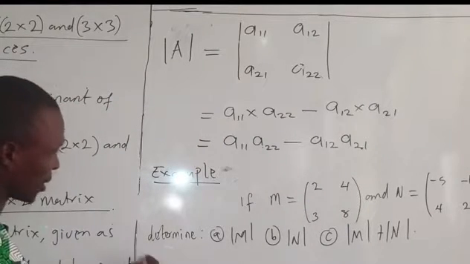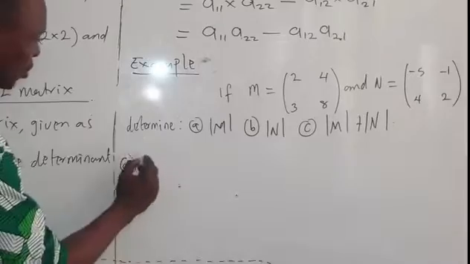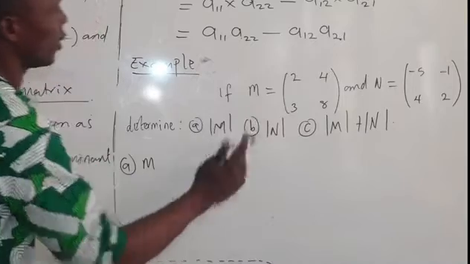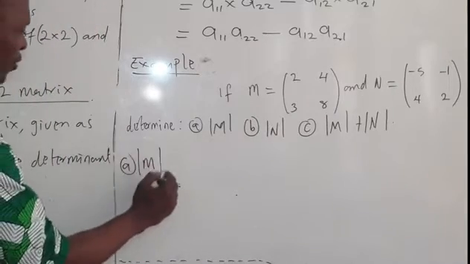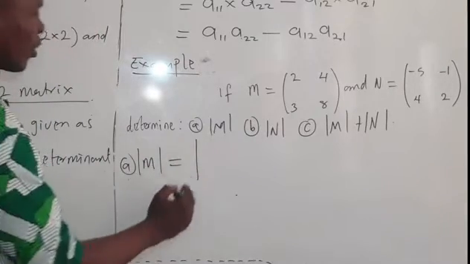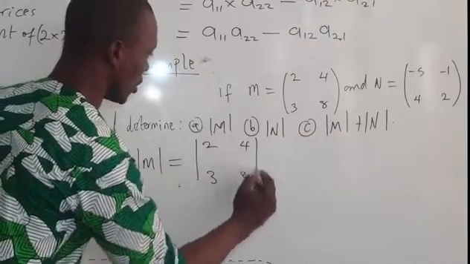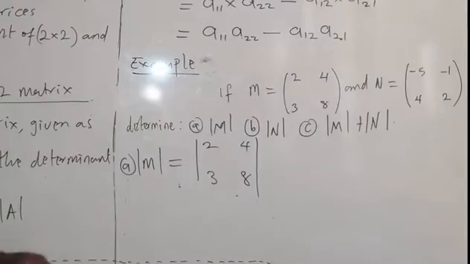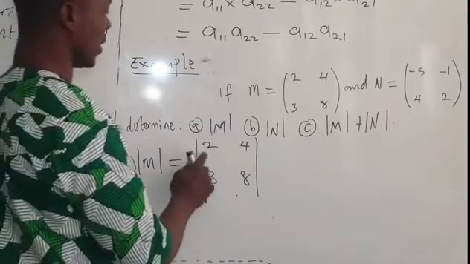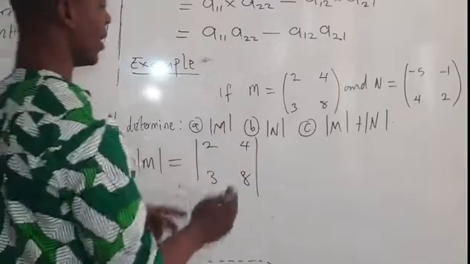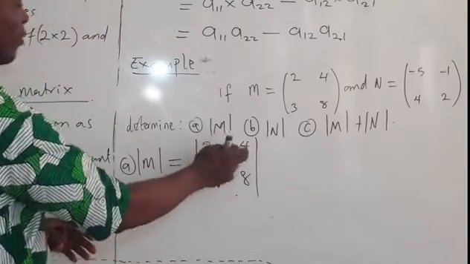Question A says determinant of M. We have matrix M to be 2, 4, 3, 8. So the determinant of M is given as the determinant of 2, 4, 3, 8. The elements in the leading diagonal or principal diagonal are 2 and 8, while the elements in the other diagonal are 4 and 3.